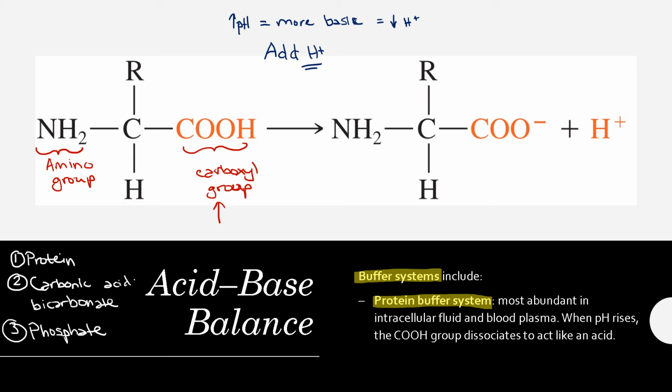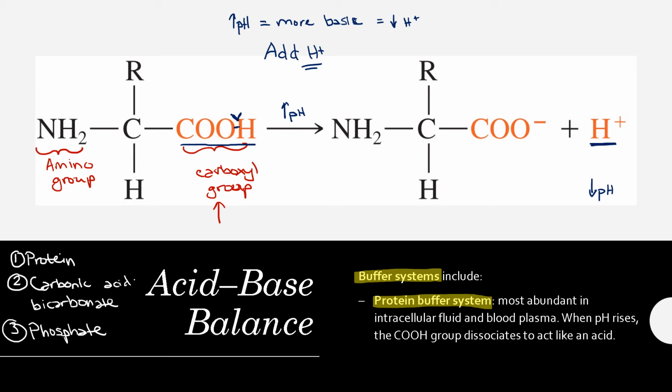So here, this is where we have an increase in pH. This is where this carboxyl group is going to dissociate. That means right here, we're going to break this bond between the oxygen and the hydrogen, releasing a hydrogen ion into solution, and therefore we're going to decrease the pH because we're adding hydrogen ions, returning us back to homeostasis that way.